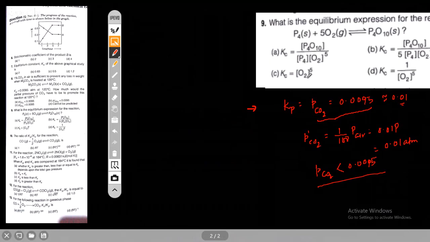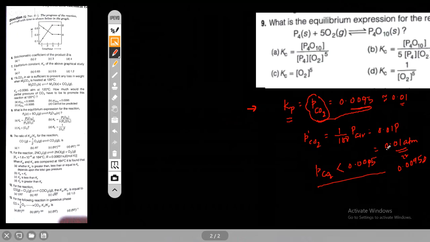See what I said: according to the Kp value, the partial pressure of CO2 that we get from the reaction is 0.0095. And the partial pressure of carbon dioxide in air, according to the question, is 1%, right? So 1 by 100 into the pressure of air, which is 1 atmospheric pressure. So the partial pressure of CO2 in air will be 0.01 atmospheric. This is almost equal to the partial pressure of CO2 that we get from the reaction given in the question.